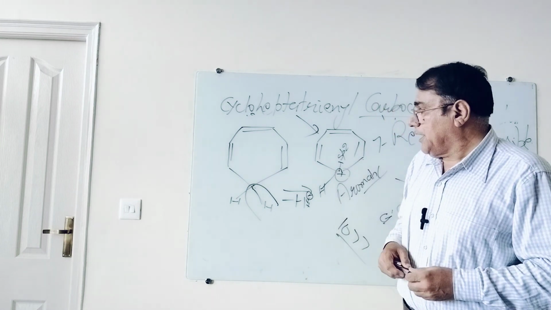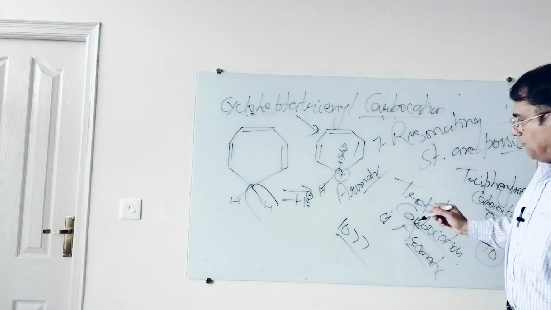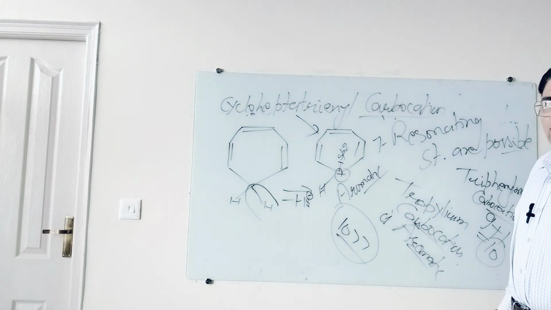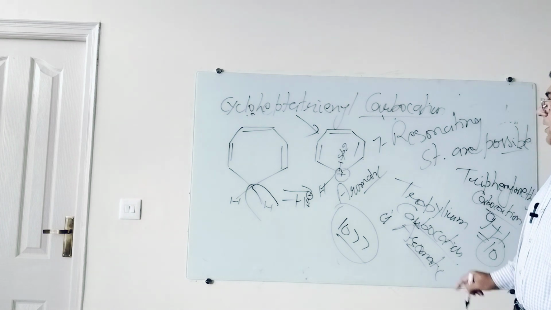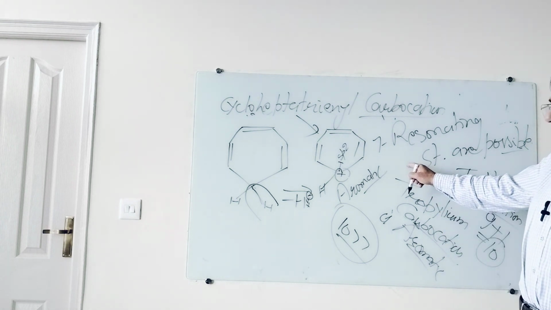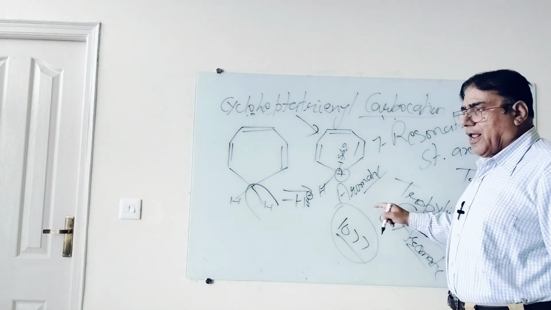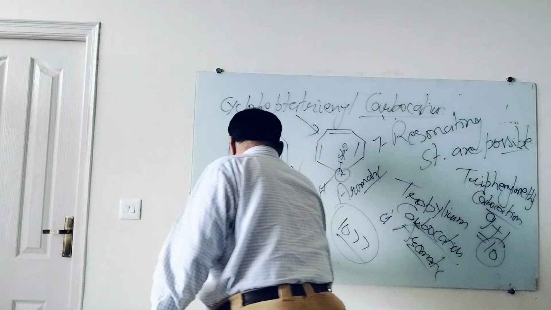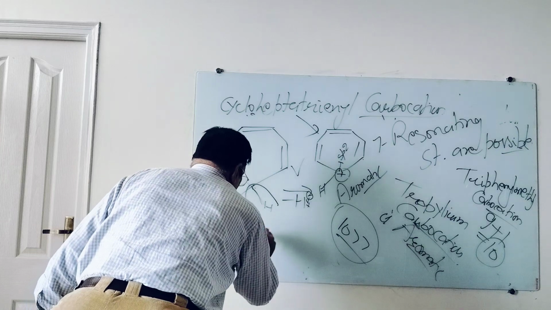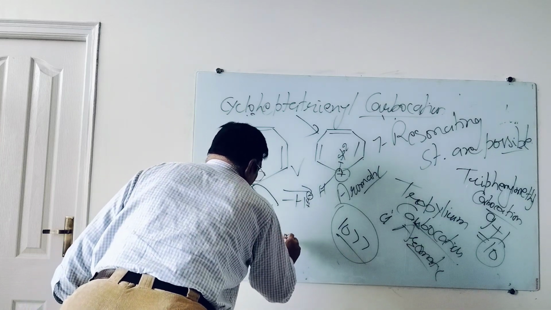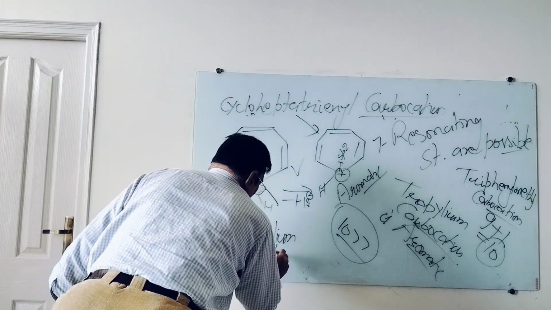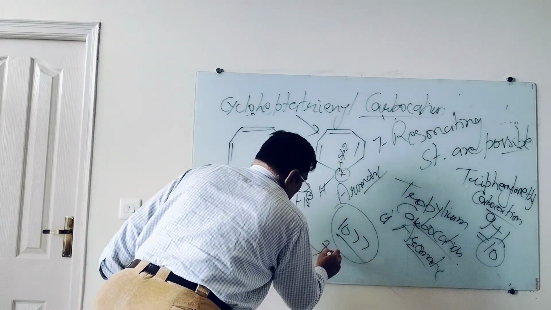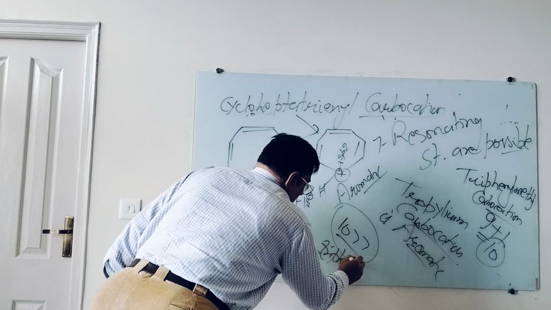Here, if you compare the triphenyl methyl carbocation with the tropylium carbocation, tropylium has 7 resonating structures, triphenyl methyl has 10 resonating structures, but tropylium is much more stable. Tropylium carbocation is much more stable than triphenyl methyl.